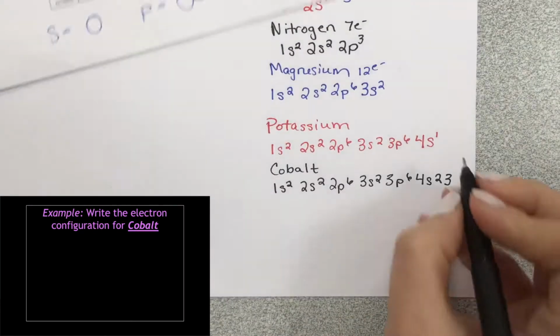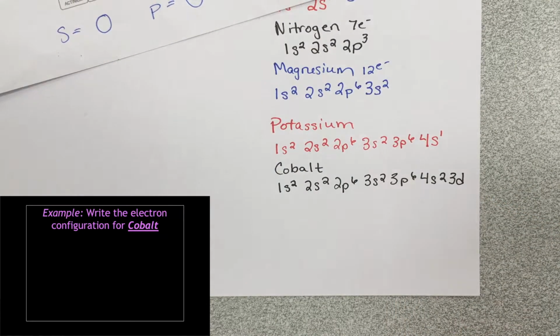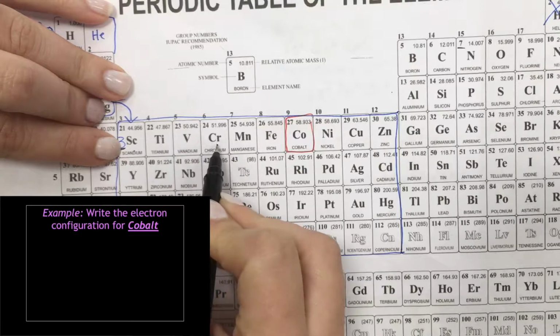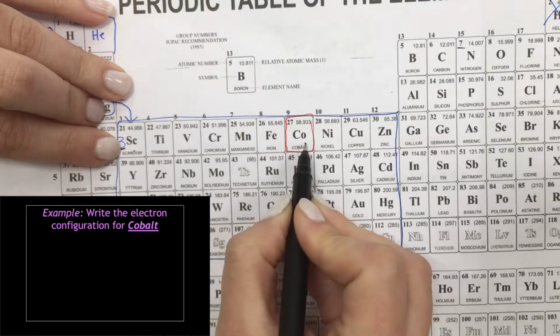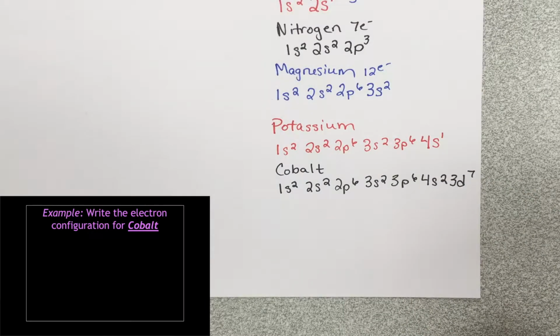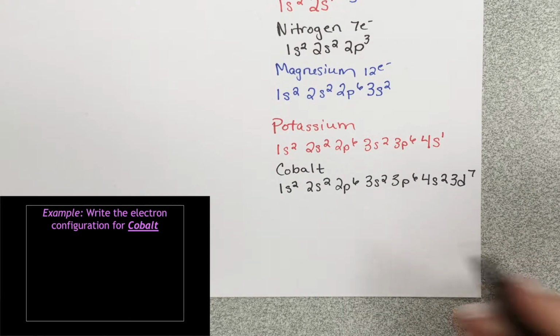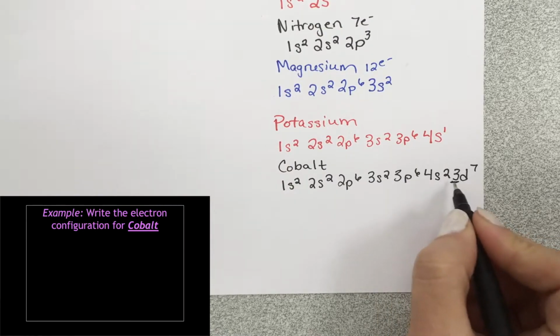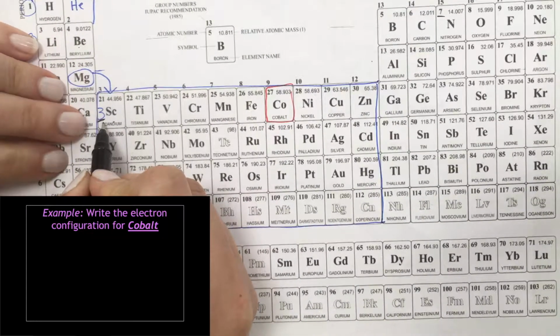So this is the D block, 3d, and then we count 3d1, 2, 3, 4, 5, 6, 7. So 3d7. That's it. The only weird thing that I was trying to warn you about all year is that the D block just starts at 3 now.